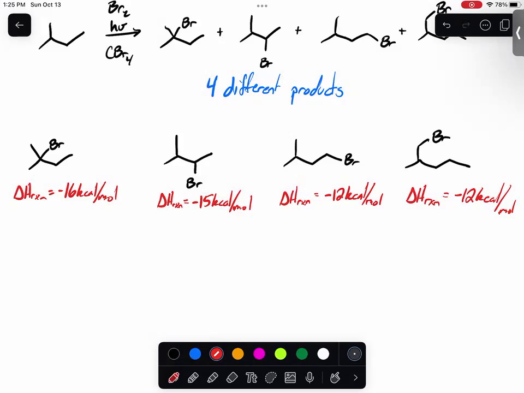But here's the thing. Even though this is the thermodynamically favored product, it's not by much.